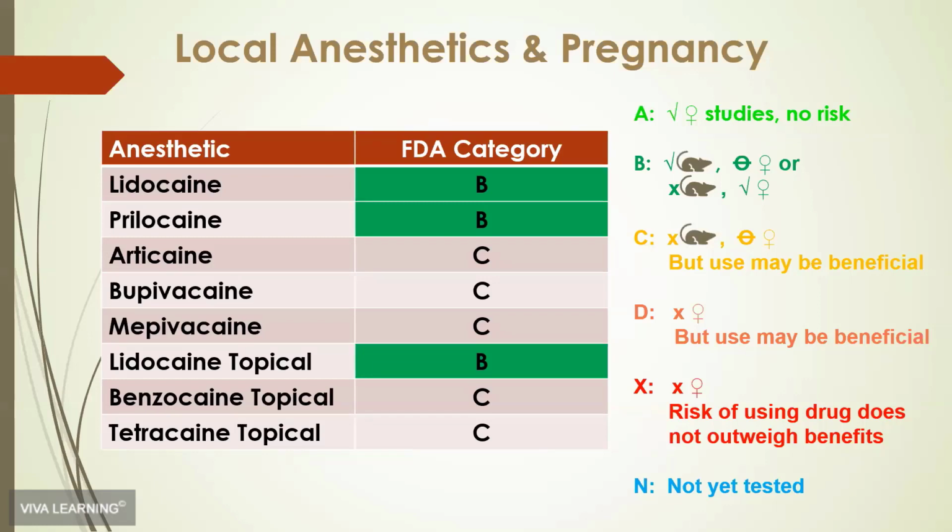No local anesthetic is category A. The best we get is B, and that is either lidocaine or prilocaine. B means either studies have shown it's safe in animals and there are no studies in women, or not safe in animals and safe in women. So that's what B means.